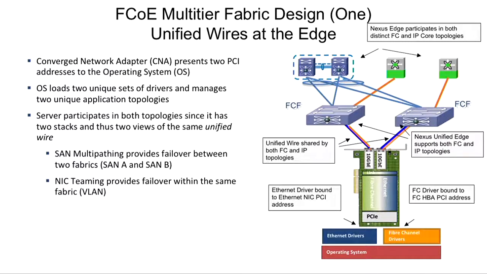The host still uses its same network interface drivers to control NIC teaming or failover, as well as the fact that the SAN still runs the same way it always has, using multipathing software to control which way we send the Fibre Channel information. In this case, we're actually connecting to two separate switches, so the Ethernet path will be active-passive, while the storage path will be active-active.